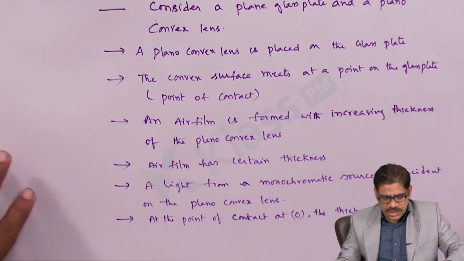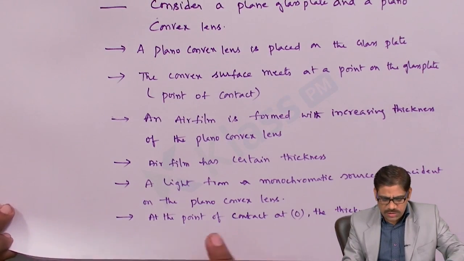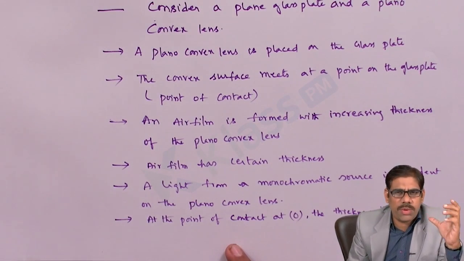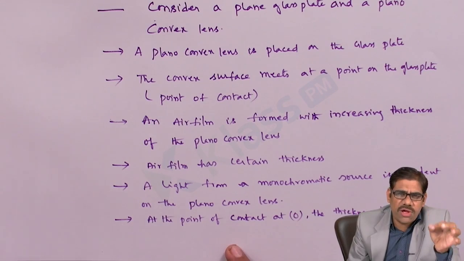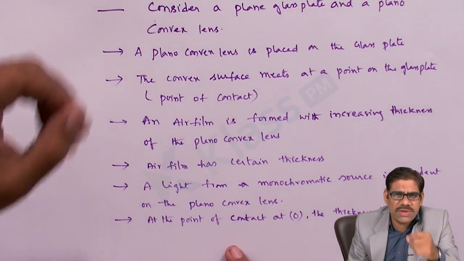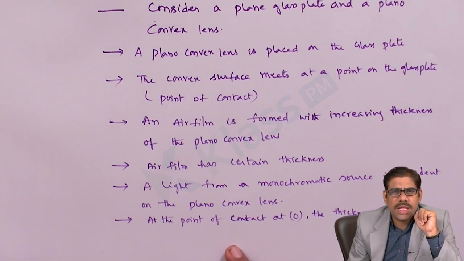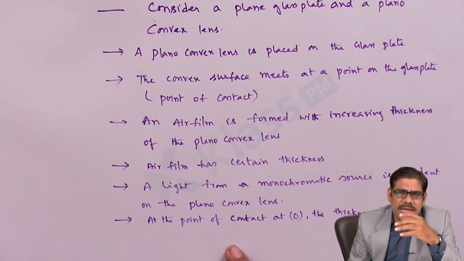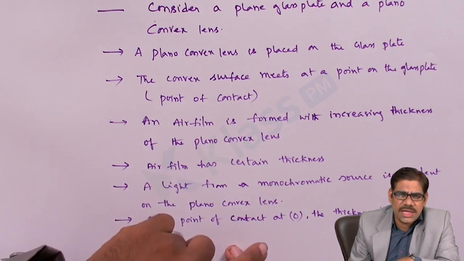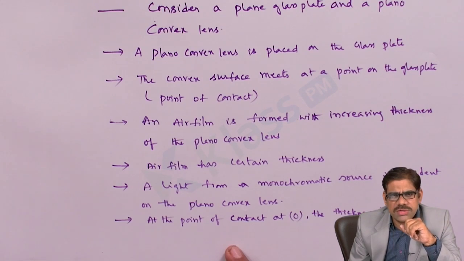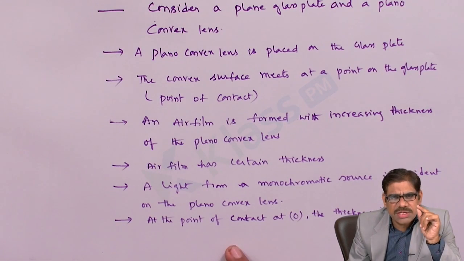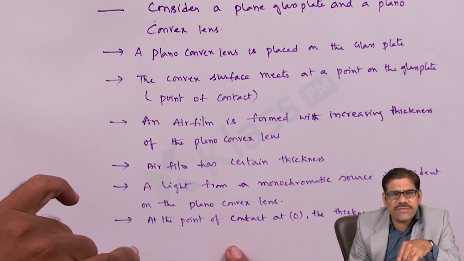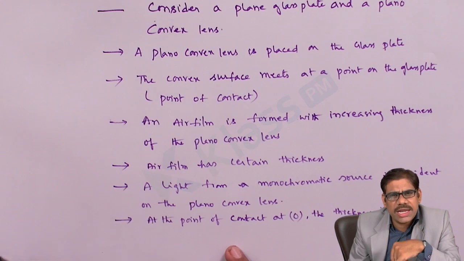Next, when light from a monochromatic source falls on the surface of the plano-convex lens, an air film is formed between the plano-convex lens and the glass plate, and because of that there exists an interference between the light incident onto the surface and the reflected light coming back.